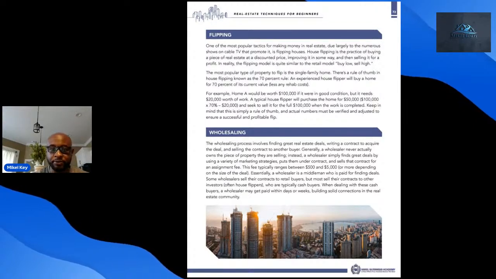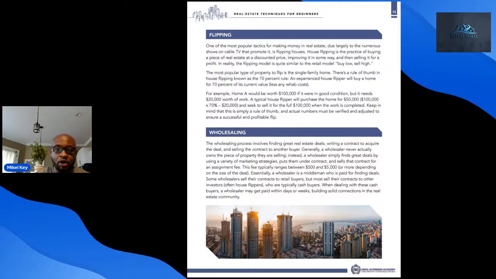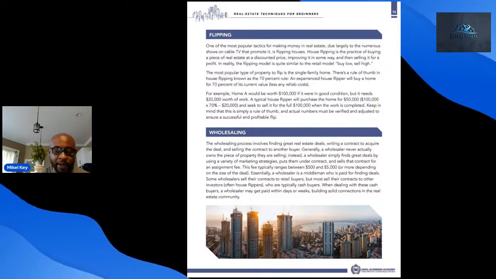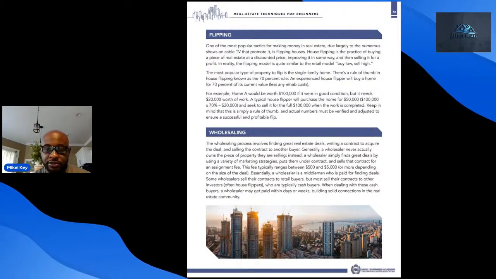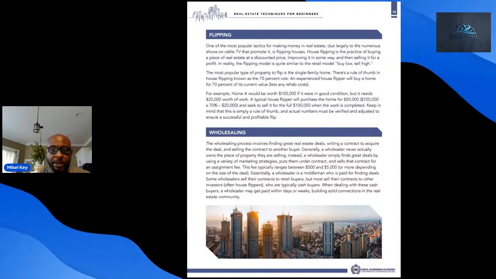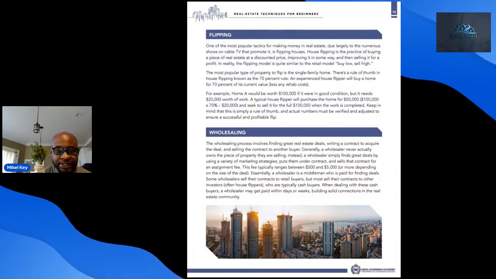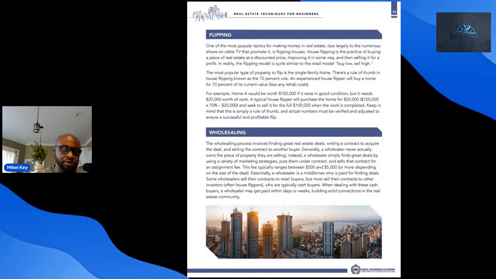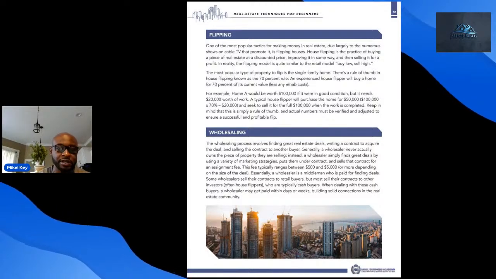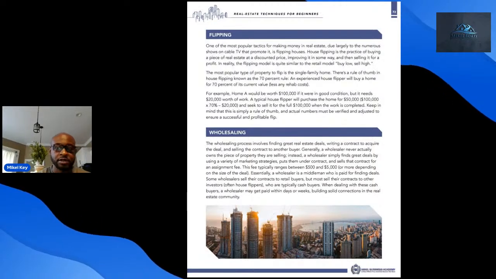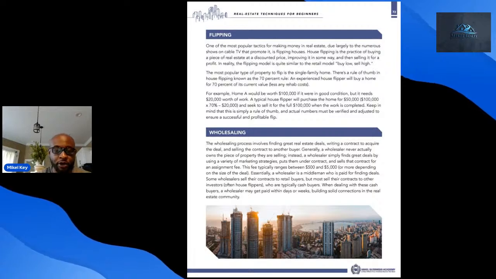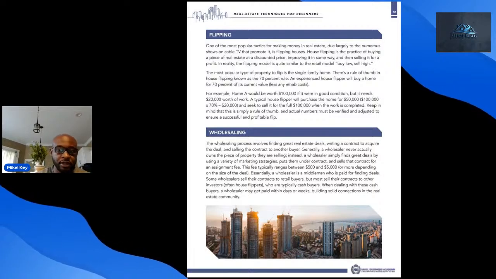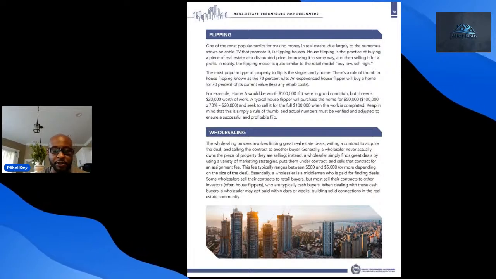So, for example, if the after repair value of a home is $100,000, that means you can invest no more than $70,000, because 70% of $100,000 is $70,000.